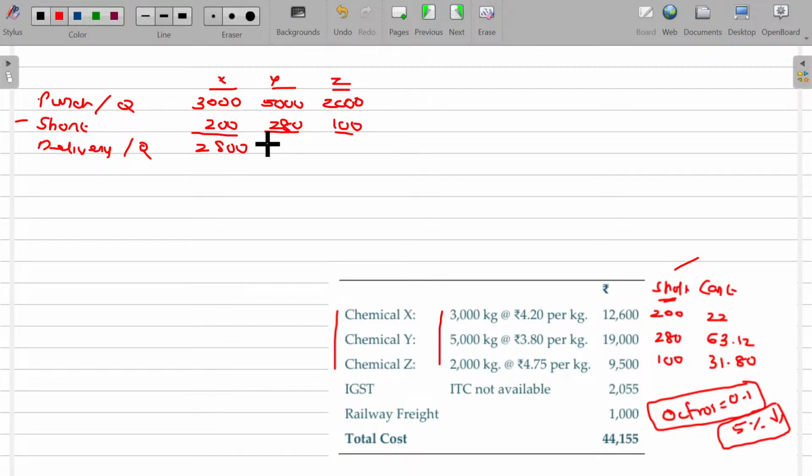2,800, 4,720, 1,900. And during the storage, we further lose how much? 5%. So minus deterioration loss of 5%.